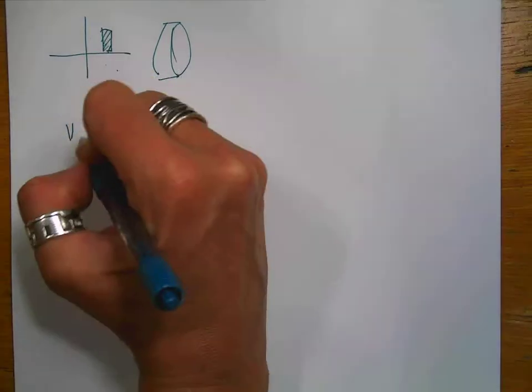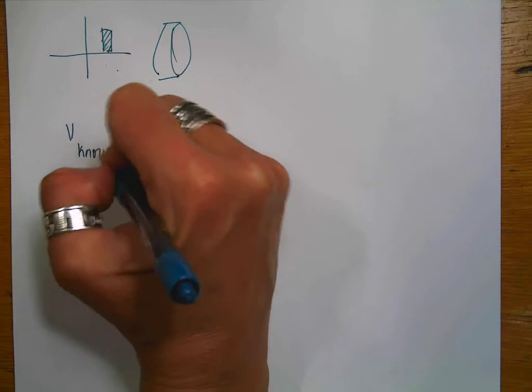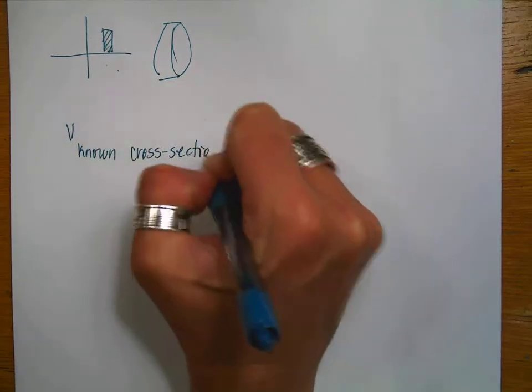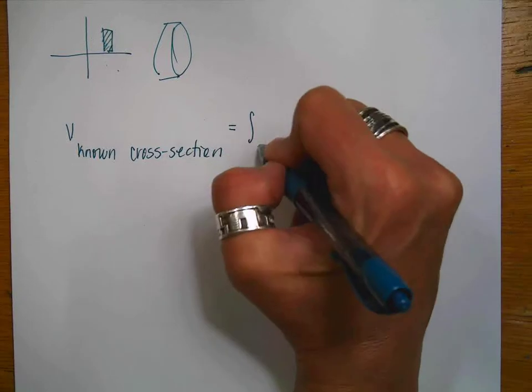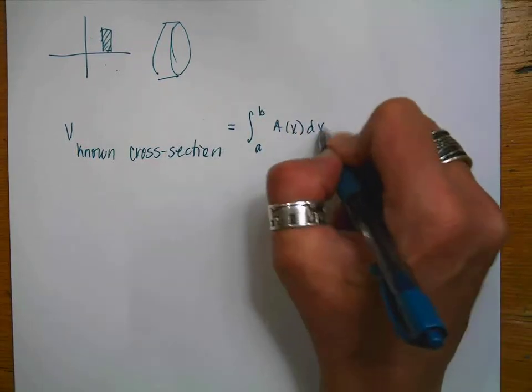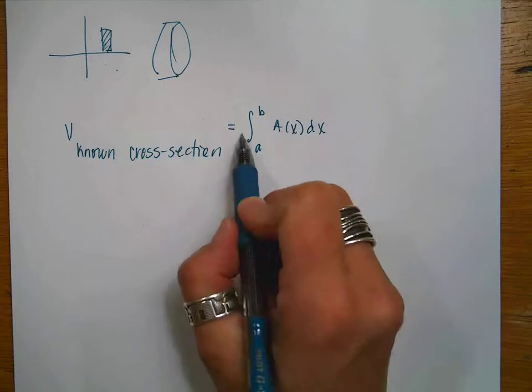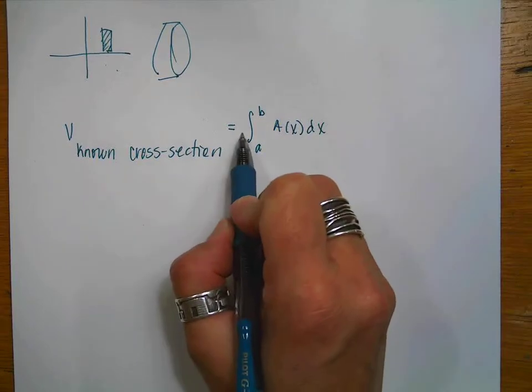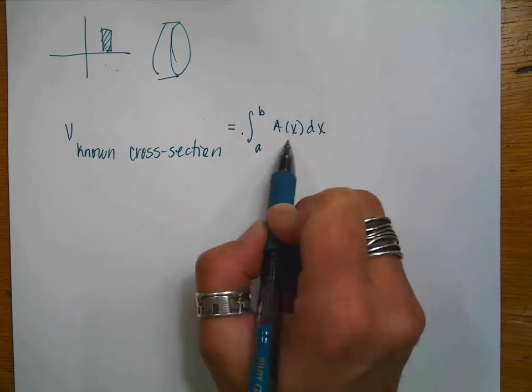So the volume with known cross-sections is going to equal the integral from A to B of A of x dx. Notice that there's no pi out front because no longer are our cross-sections necessarily circular.